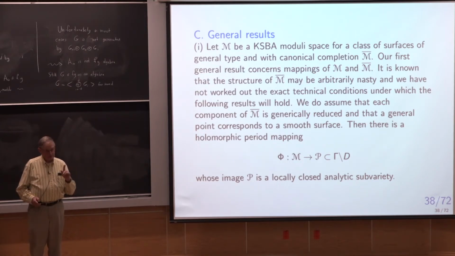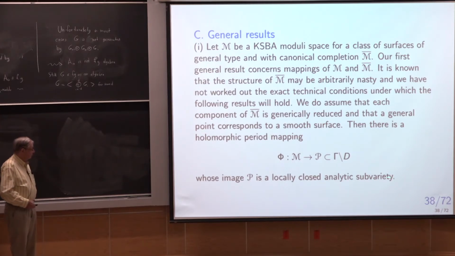In the classical case, when D is Hermitian symmetric, this D by gamma is a quasi-projective algebraic variety, and in fact it has a lot of rational or meromorphic functions on it that are given by ratios of automorphic forms of the same weight. It has a lot of global function theory. In the non-classical case, this D by gamma has no non-constant functions. So one is looking at quite a different, Hodge-theoretically, story than in the classical case.